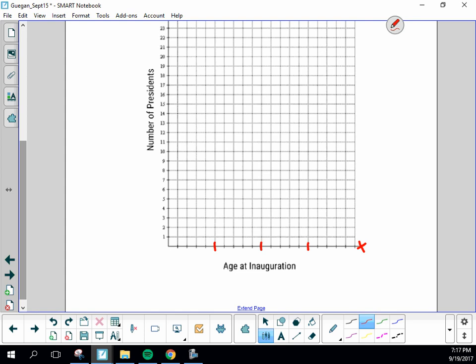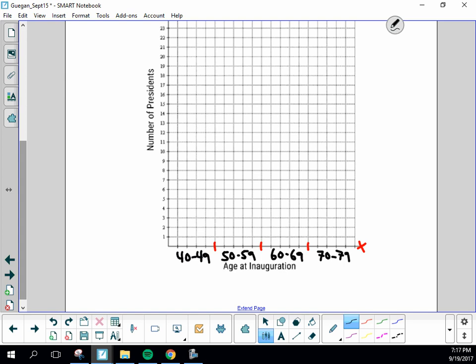Okay, this first bar at the bottom is going to represent presidents who are 40 to 49 years old. The next one's going to represent presidents who are 50 to 59 years old. The next one's going to represent presidents who are 60 to 69 years old. And the last one will be presidents 70 to 79 years old.